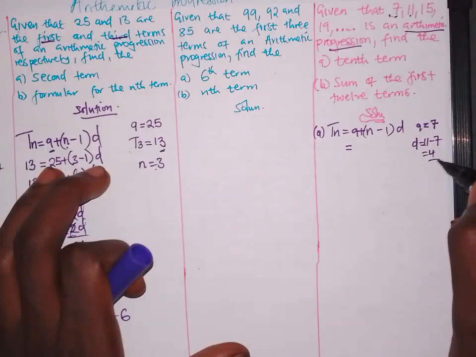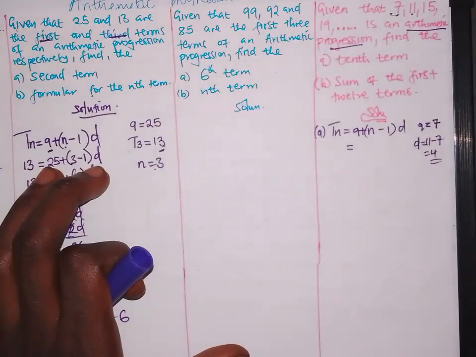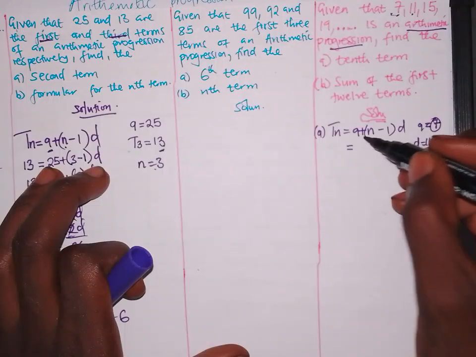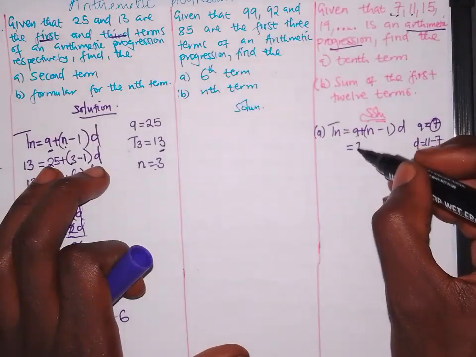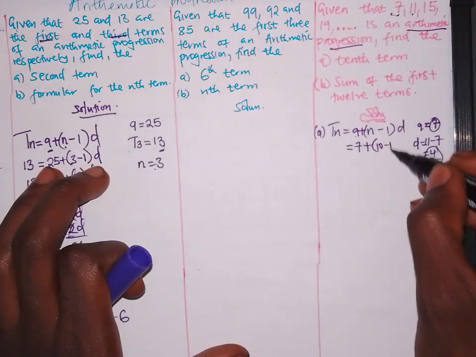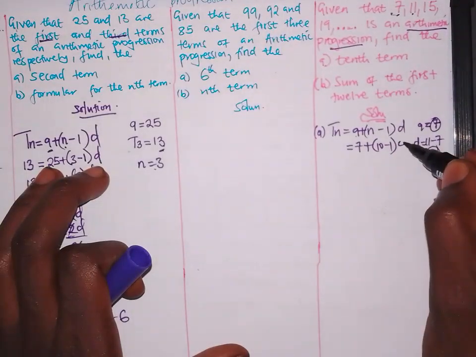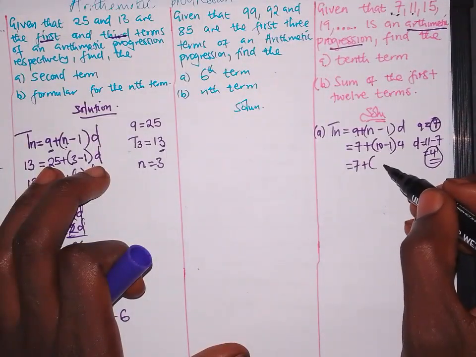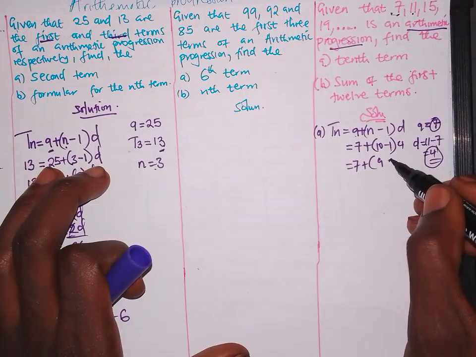Now that we have our common difference and our first term, we can calculate what? The 10th term. So you say the first term is 7 plus, what is the position? 10 minus 1. What is the common difference? 4. Then you say 7 plus 10 minus 1, 9 times 4.